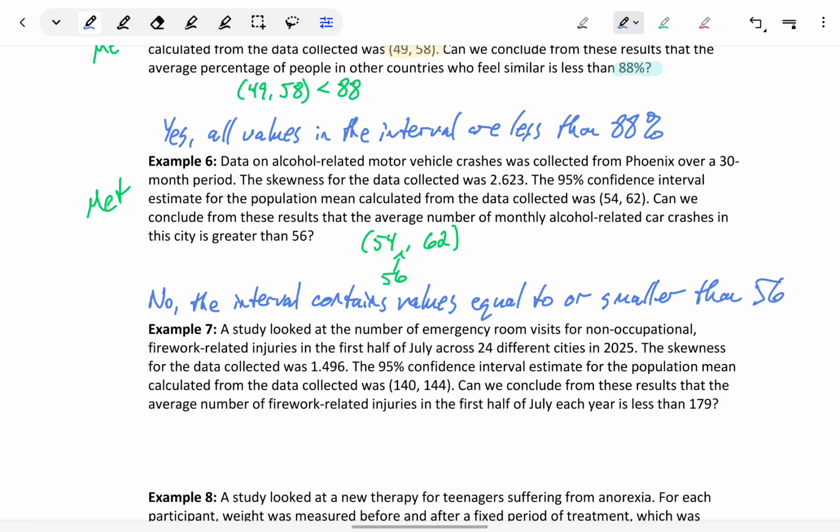Every value in our confidence interval is a likely value for the true population mean. If what we want to say is that the average number of monthly alcohol-related car crashes is greater than 56, well, our interval says it's possible that the population mean is equal to 55 because that's a value contained inside our interval.